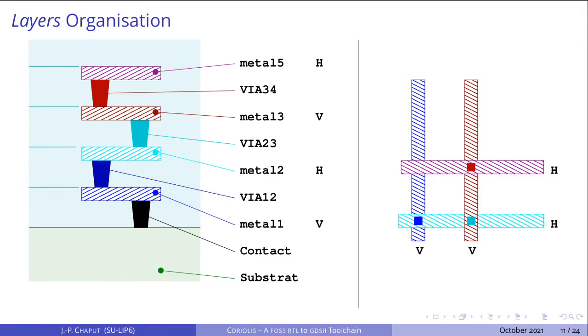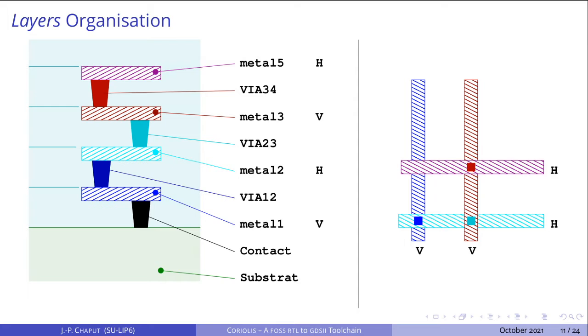After having looked at the standard cells, now let's look at the metal layers. Metal layers will be used to build the wires that will connect the standard cells. The metal layers are stacked on top of each other and numbered from the substrate, meaning that metal 1 is the closest to the substrate and metal 5 the farthest.